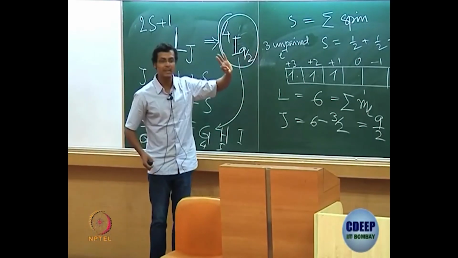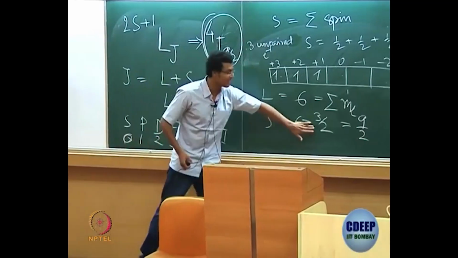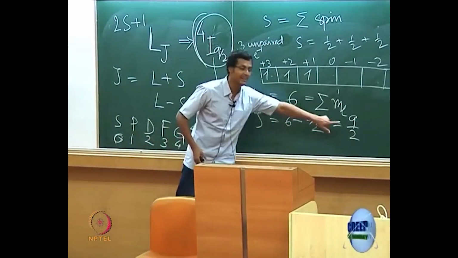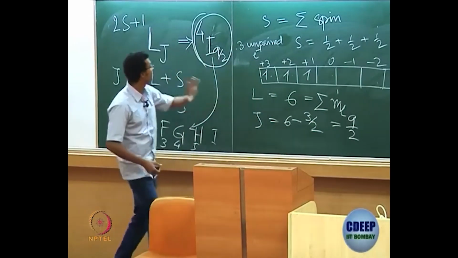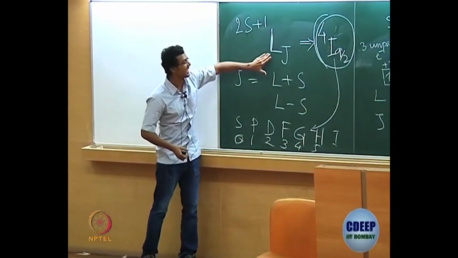In this case, 3 unpaired electrons, less than f7, so L minus S becomes 9 by 2. Now you are left with just 2S plus 1, L, J.